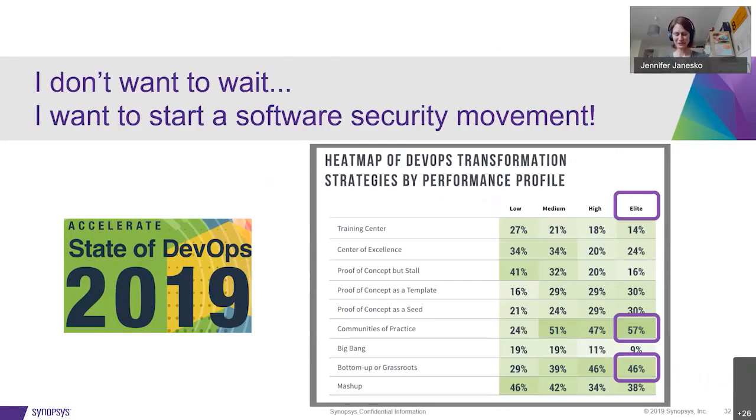If you don't want to wait for your software security group and you just want to get started and find some allies, the State of DevOps has an interesting thing to say about that. High performing organizations that are moving forward well, rather than top down, you must do this from a software security group, actually have communities of practice and bottom up grassroots movements as the foundation for why things work in those DevOps environments.